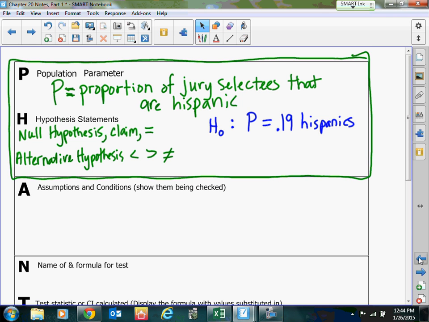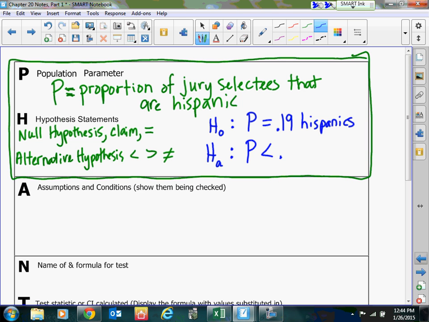These are symbols that are always less than, greater than, or not equal to. So here's how this one looks. H with the little a, which stands for alternative hypothesis, and then a colon. In this case, we are wondering if the Hispanics are being underrepresented. So what sign would we be looking for? P is less than 0.19 Hispanics.